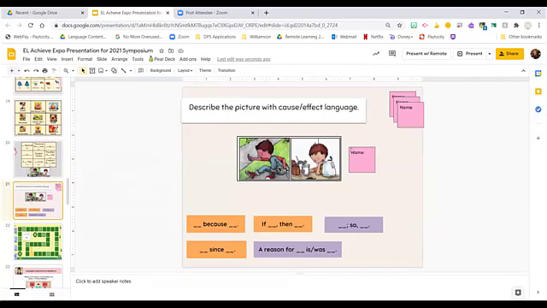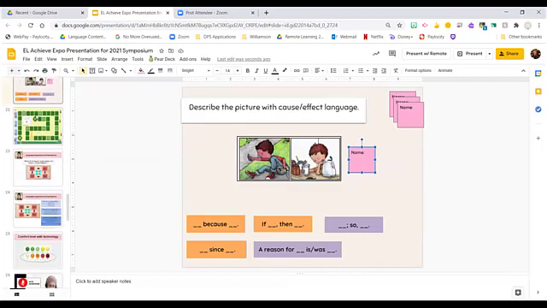Here is one similar to Jot Thoughts. Kids would describe the different pictures of the story that they're reading with the cause and effect language, and teachers or students could type their name and their response up there, or just their name, depending on how much time they have.